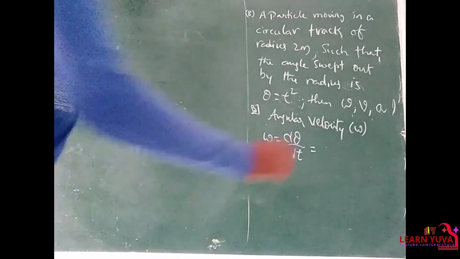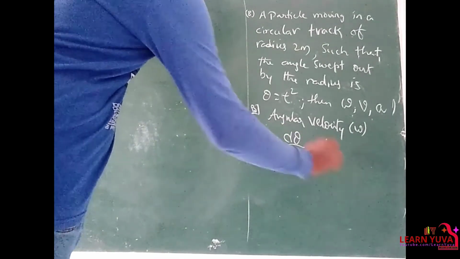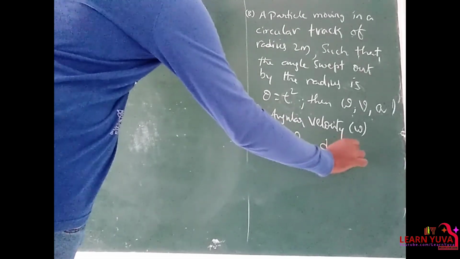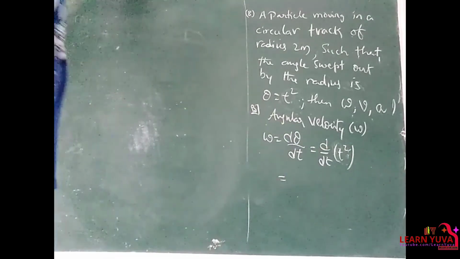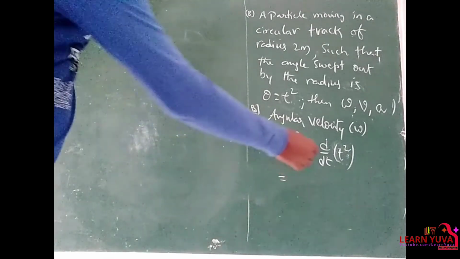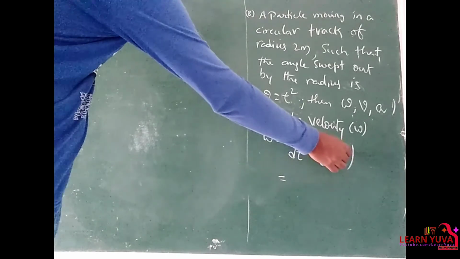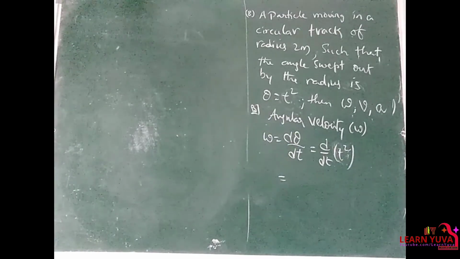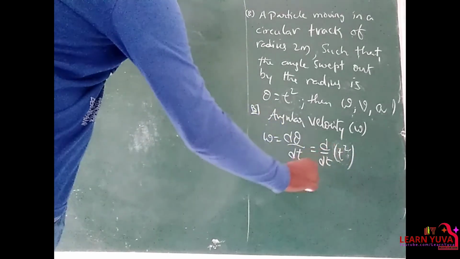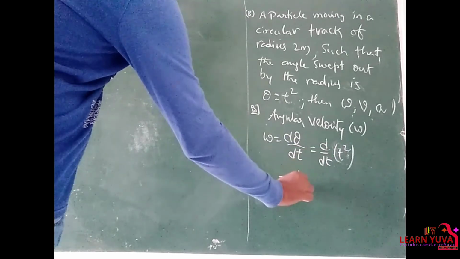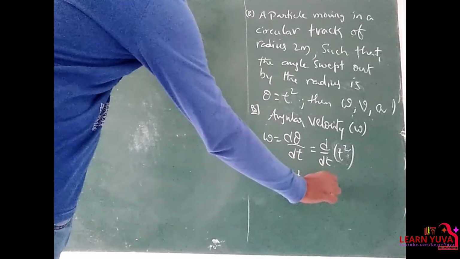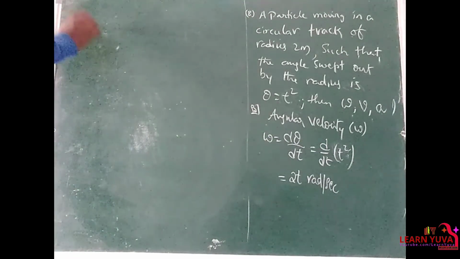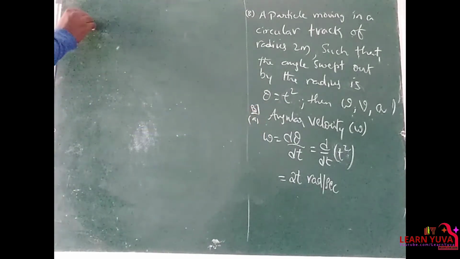That is equal to d by dt of t square. While doing the derivative, t power 2, this power 2 will come in front of t. So that is 2t radians per second. Right? That is angular velocity.